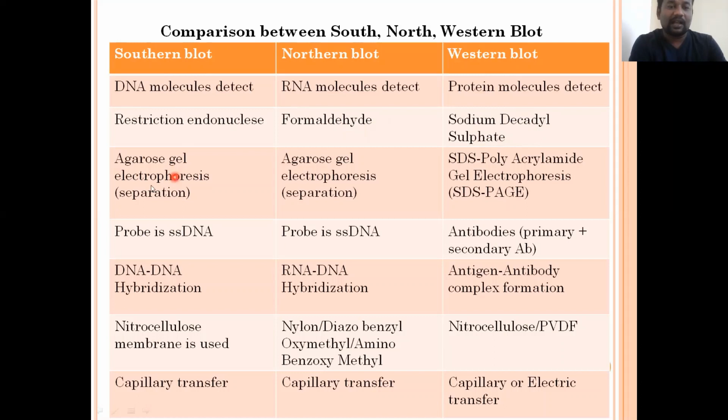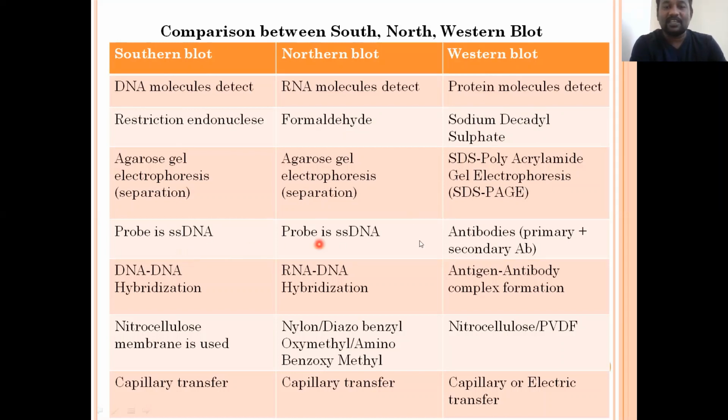Next is the agarose gel electrophoresis separation. In separation, both Southern and Northern blot use agarose gel electrophoresis, but Western blot uses SDS-PAGE, sodium dodecyl sulfate polyacrylamide gel electrophoresis.